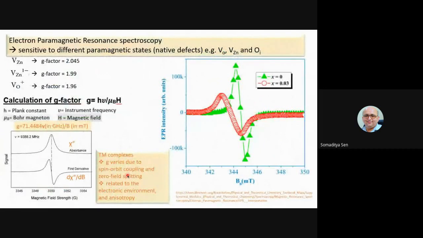Okay, now talking about defects and other things. Another way of looking into the defect systems in zinc oxide materials is electron paramagnetic resonance spectroscopy, EPR. These are sensitive to different paramagnetic states that are the native defects.